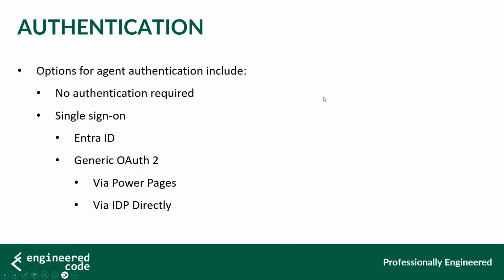So if you're building some more advanced Copilot Studio agents, if you're building your own custom one, you can integrate knowledge about the person who's currently logged in as well.